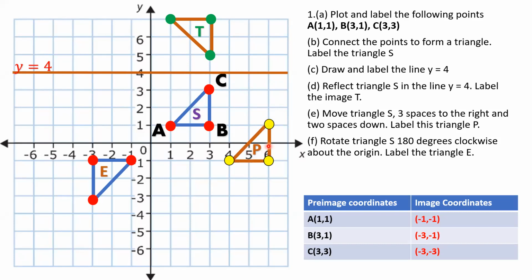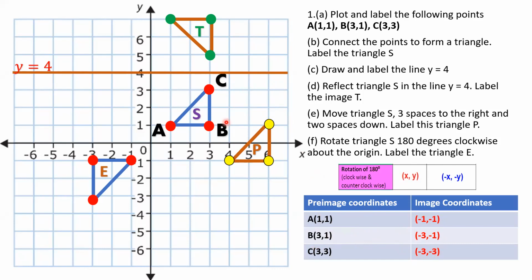And then for the rotation, all we need to remember is that whatever your values are, you negate them. So our value is 1, 1, so it becomes -1, -1. Then it was 3, 1, so it becomes -3, -1. And then it was 3, 3, so it becomes -3, -3.